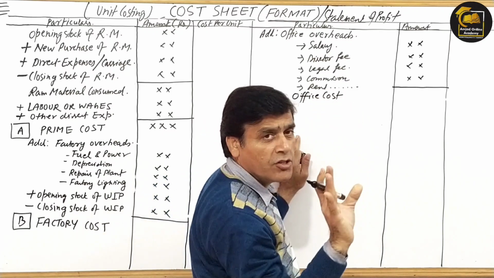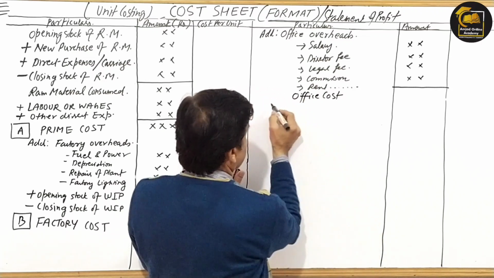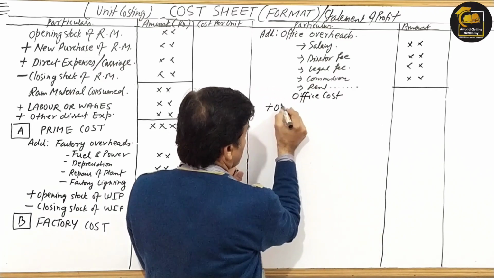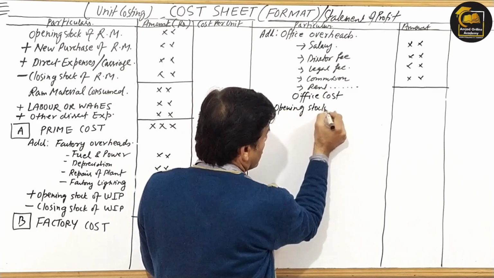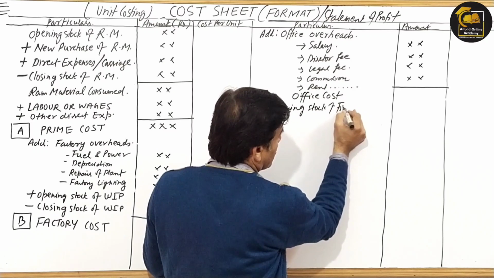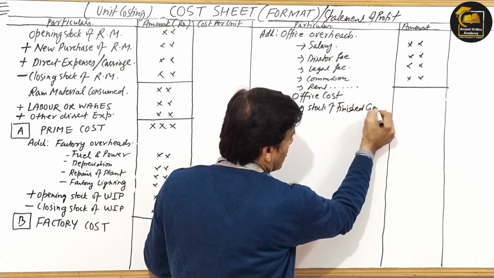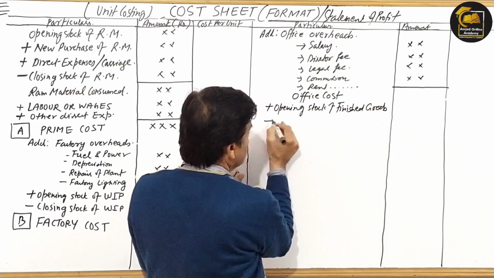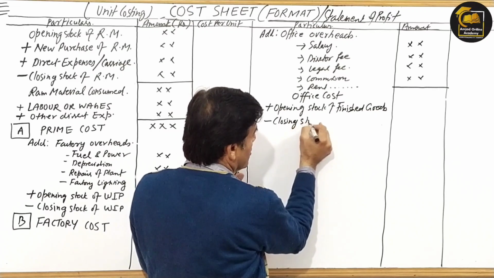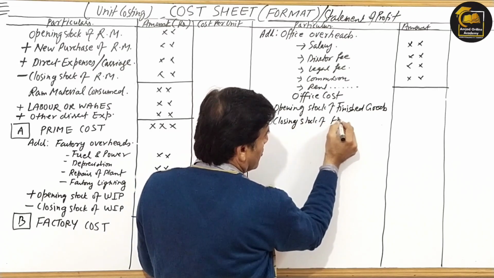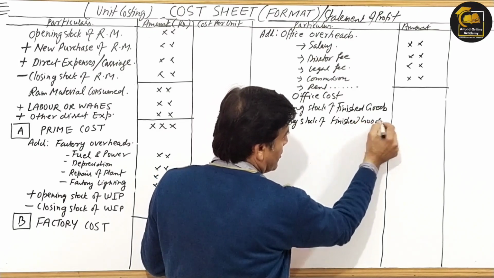A separate nomenclature is there, but it is a subhead. Once you adjust plus opening stock of finished goods, and minus, that is less, closing stock of finished goods. So this is known as the adjustment.